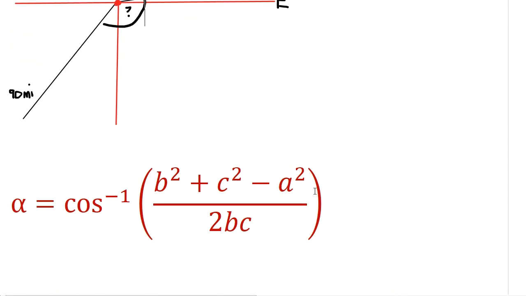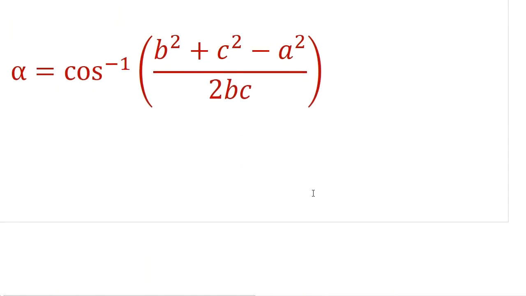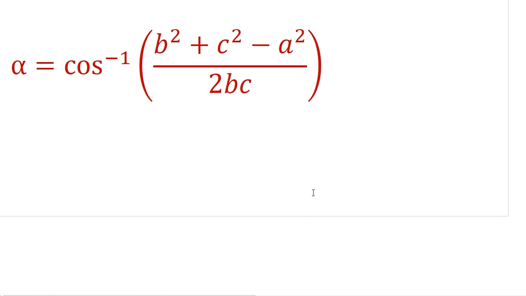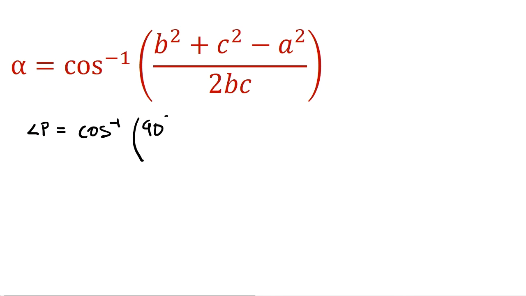Well, I can use the law of cosines and solve for the angle. In this case, I'm really talking about the angle at the point P, and that's going to be the arc cosine. And here I'm going to have to put in all my values. So I have 90 squared plus 63 squared minus 150 squared, and in the denominator, of course, it's 2 times 90 times 63.